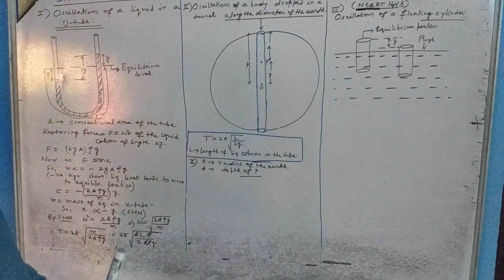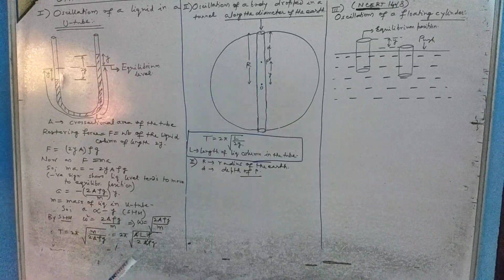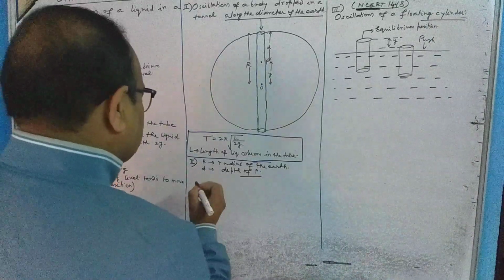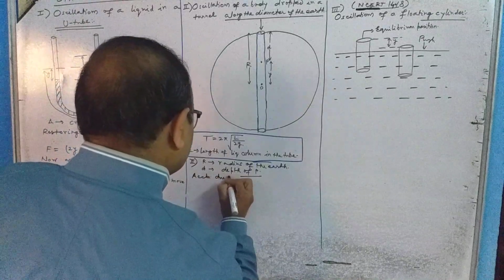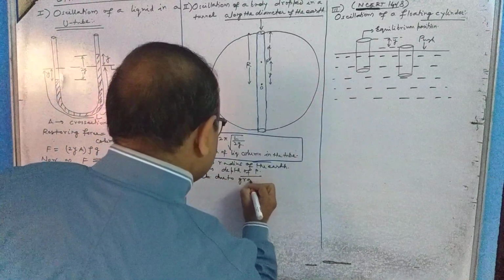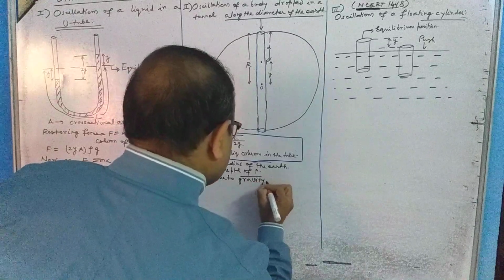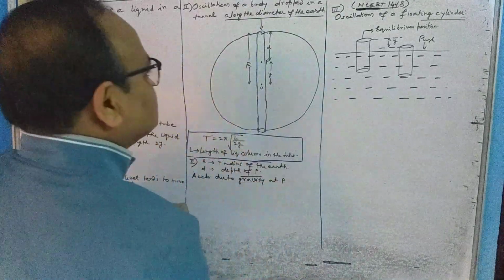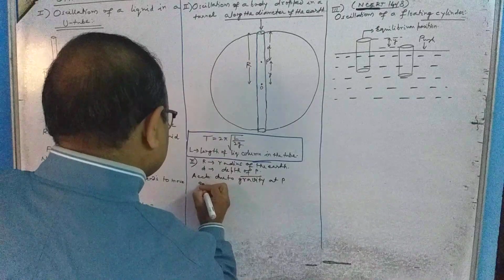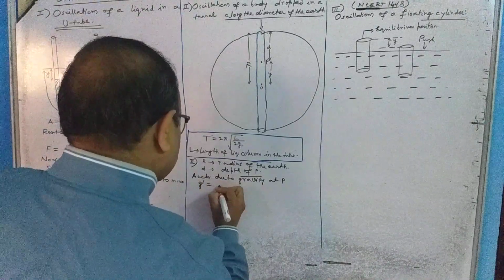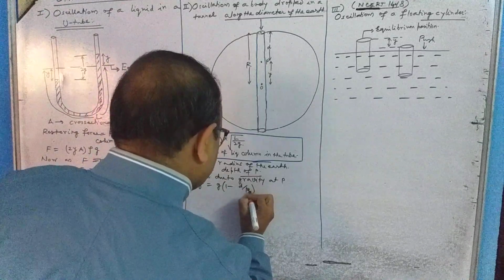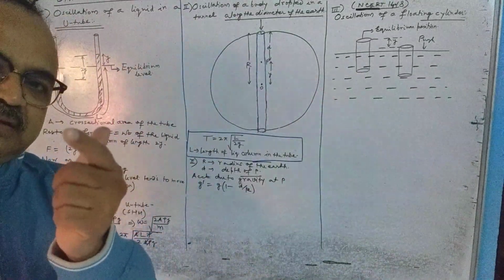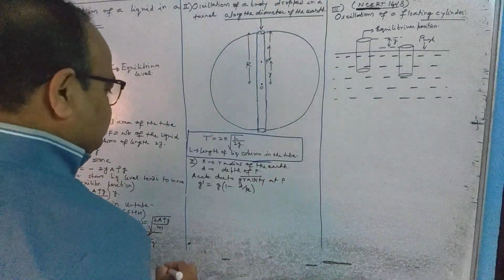Now, how to prove it? Here I will write the acceleration due to gravity at P. We know g' is g into 1 minus d by R. I hope all of you remember, in gravitation we have already done it.